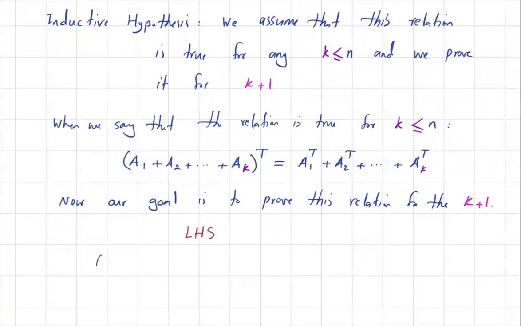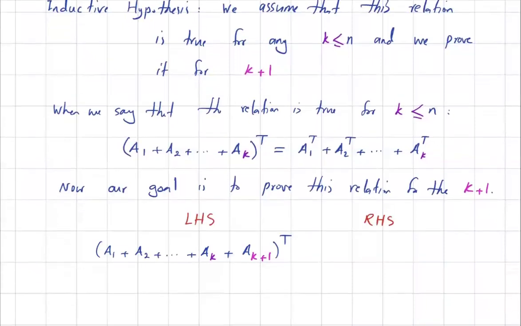Just going to copy down everything: A1 plus A2 plus dot, dot, dot, plus A sub k plus A sub k plus 1. And you're finding the transpose of this summation. What do you have on the right-hand side? On the right-hand side, we have the summation of the transpose. Your goal is to show that these two are equal to each other: A sub k transpose plus A sub k plus 1 transpose.